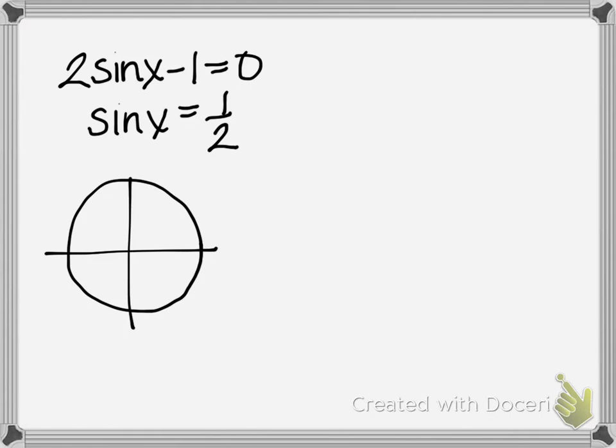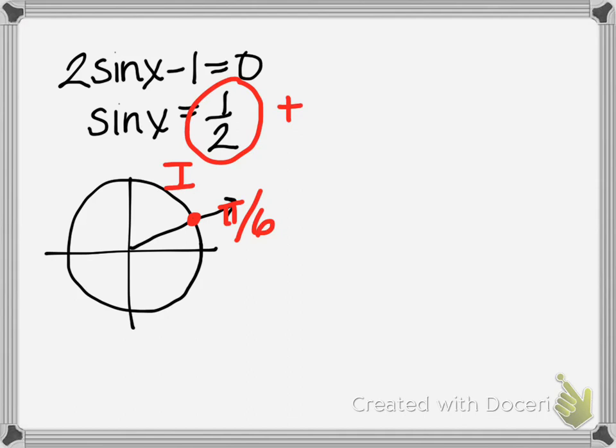And that would be 30 degrees, or pi sixths radians. So if I were here at pi sixths radians, I know the sine of pi sixths is 1/2. But notice that 1/2 is a positive value. And so sine is positive not only here in the first quadrant, but is also positive here in the second quadrant, which means we have another angle that also has a sine value of 1/2.